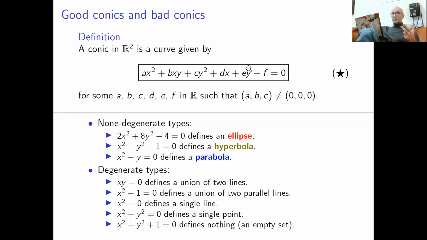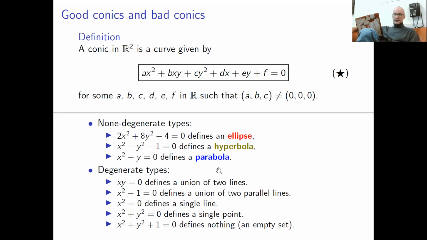I just want to be able to find this immediately using algebra and determine which type I am: ellipse, hyperbola, parabola, or maybe some degenerate type. And ideally, if it's a degenerate type, it would be nice if I can say which degenerate type it is. Like an empty set, single point, single line, or maybe union of two parallel lines, or union of two lines. Okay, this is all possible.